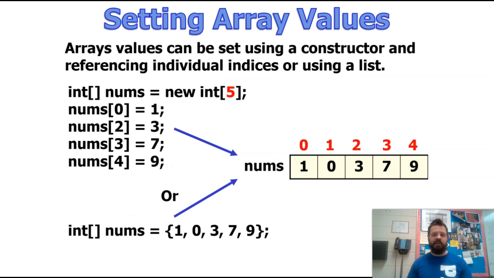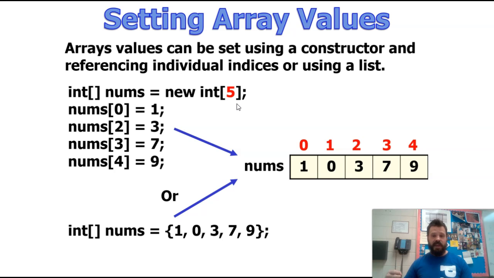Now, there are actually two different ways I can create and fill an array with values. Array values can be set using either a constructor and referencing individual indices, or using just a list in the code. When I say constructor and indices, we could say int[] nums equals new int[5].